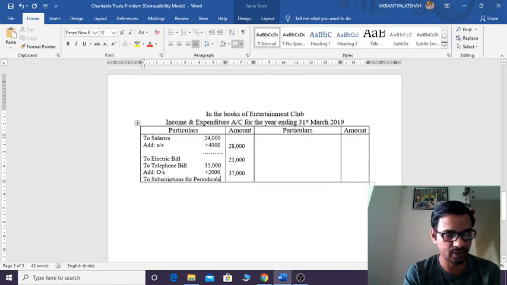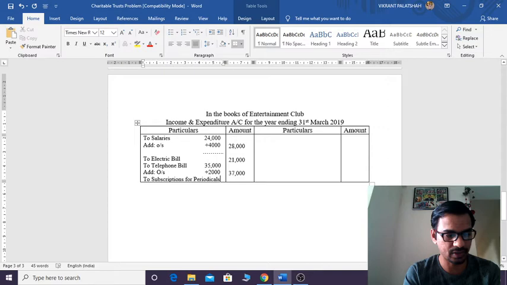How much is the total amount? It is 15,500, given on the payment side. Understood? 15,500.